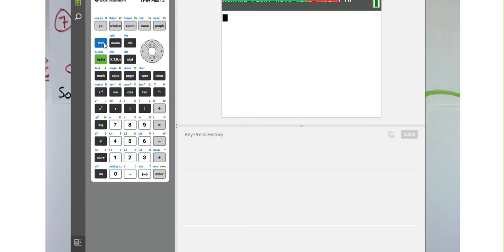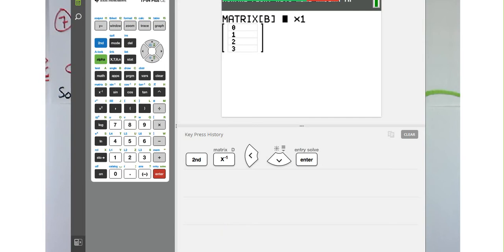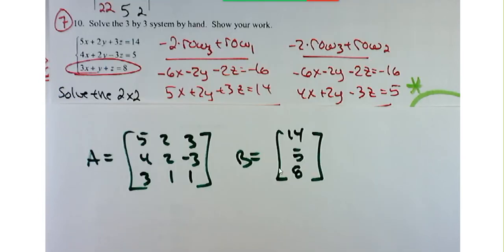One more time. Second matrix. This time, go over to edit, but down to B. We want to edit the second matrix. It's a good thing you remember RC Cola, because that tells you the size of this matrix. How many rows, how many columns? 3 by 1.